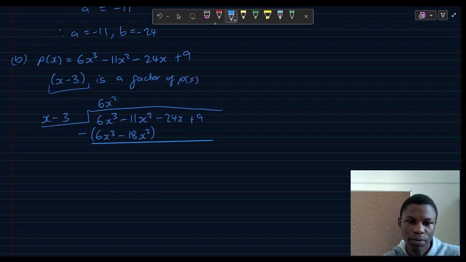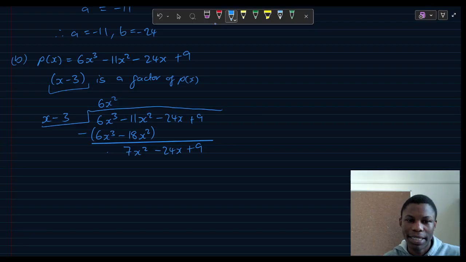Subtract: 6x cubed minus 6x cubed, 0, minus 11x squared minus 18x squared. So that's minus 11 plus 18, 18 minus 11, which is 7x squared. Bring down the negative 24x plus 9.